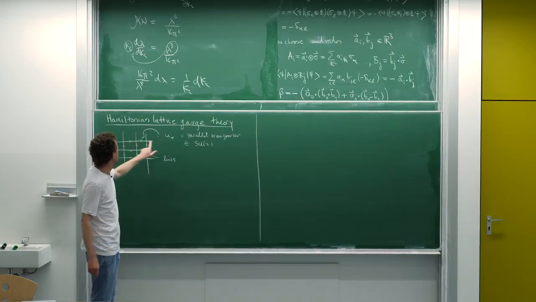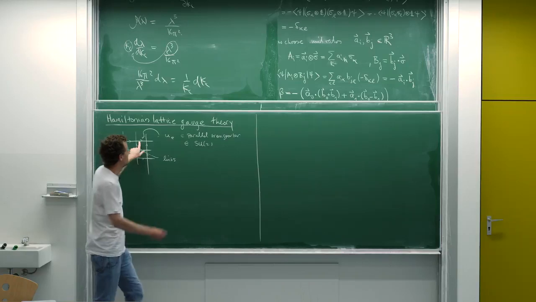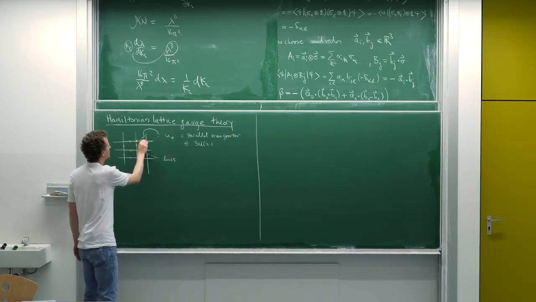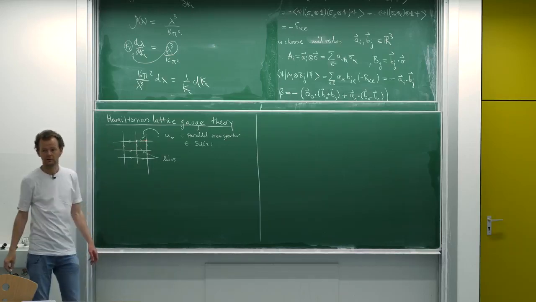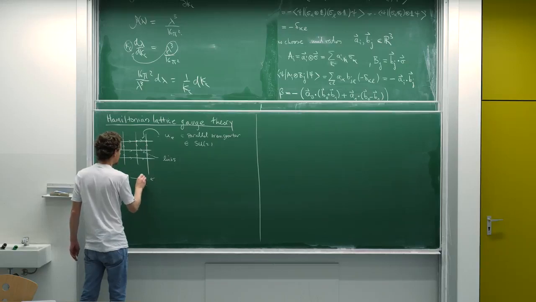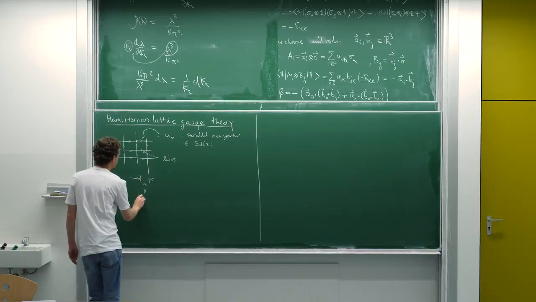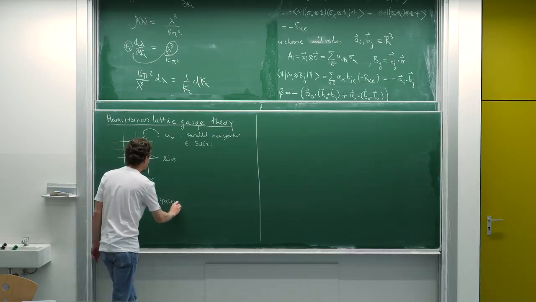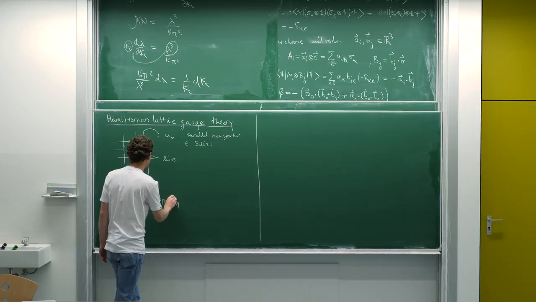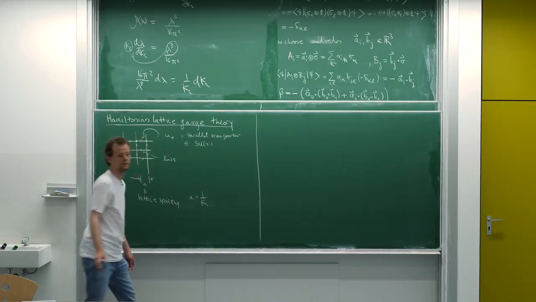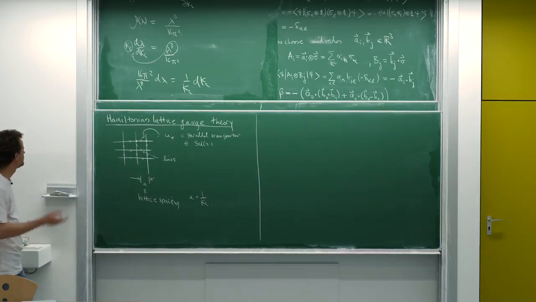So this U here is the parallel transporter for a degree of freedom to be parallel transported along this link here. And these links are of length A, that's the lattice spacing, and you want that to be quite small. That is, in fact, our cutoff. So A is 1 over Kc, if you like, the cutoff for our theory.